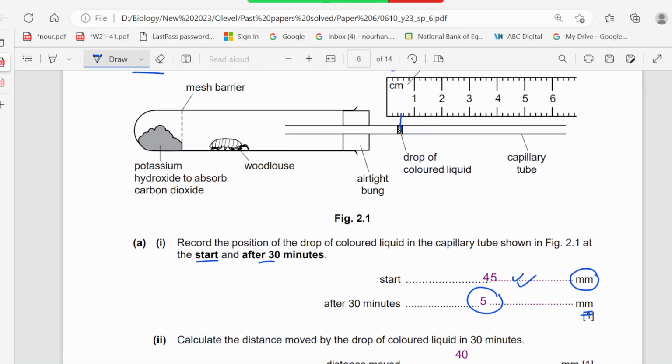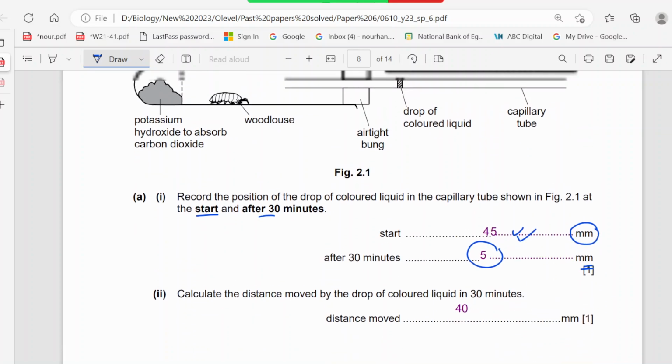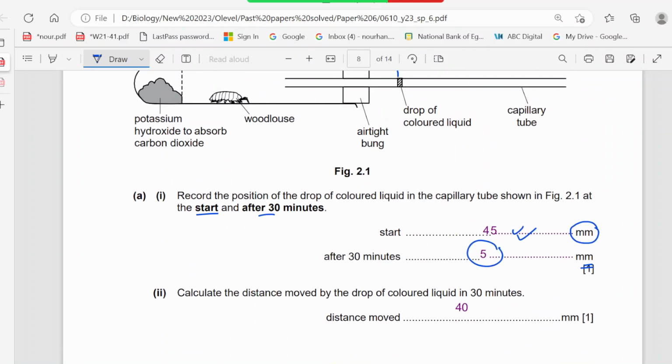طيب هنا كان في range. In the marking scheme there was a range. يعني the range was from 0.3 to 0.6 I think، كان في كده range، 0.4 0.5 0.6 من 4 5 6 millimeters.